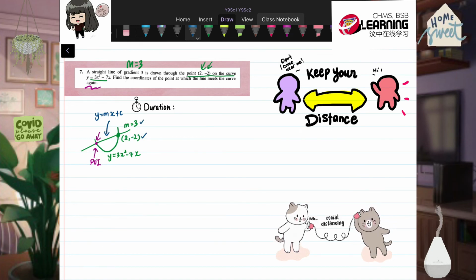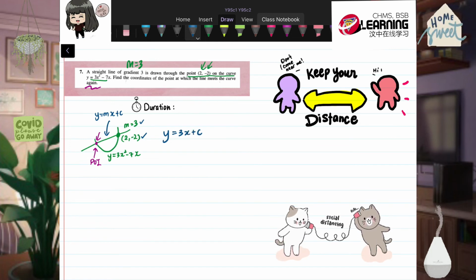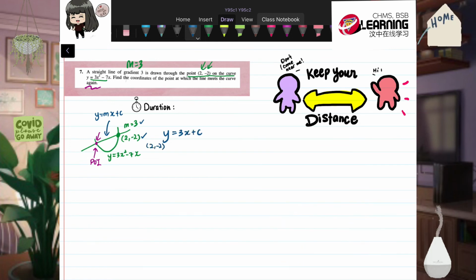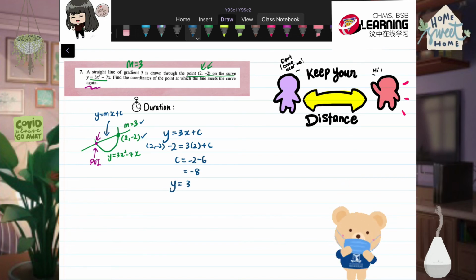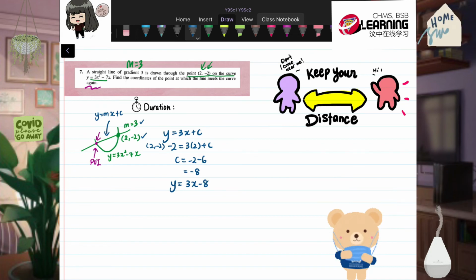So my m is 3, I sub in my (2, -2) into the equation, and my c is negative 8. So my equation is y = 3x minus 8.